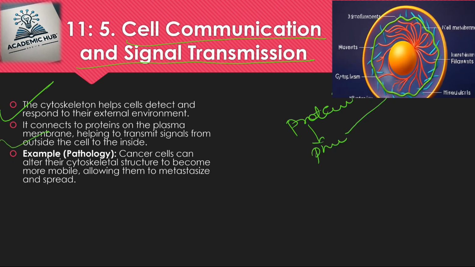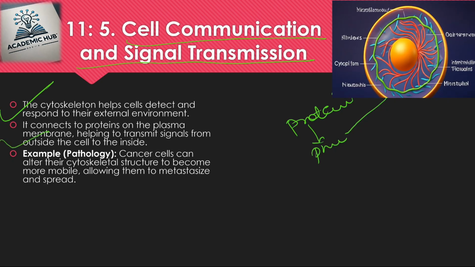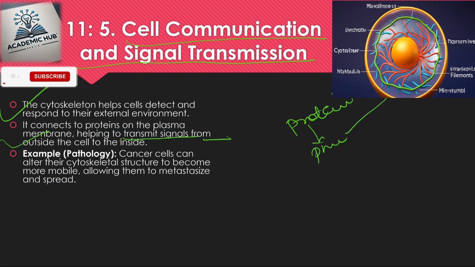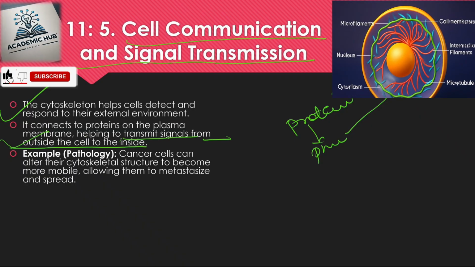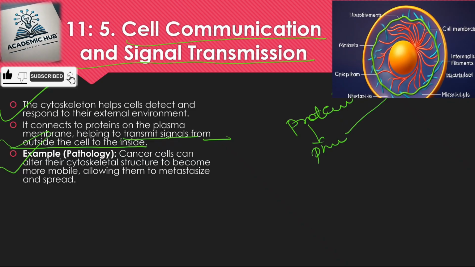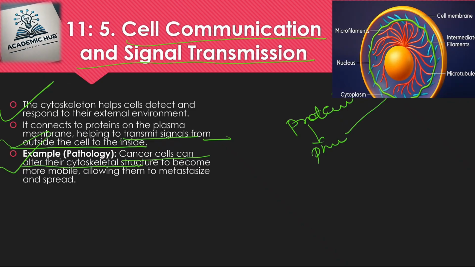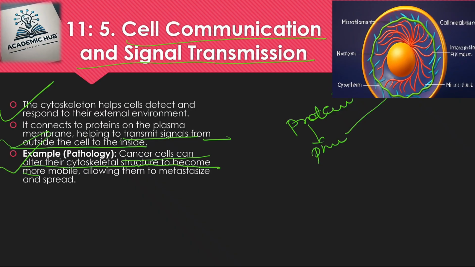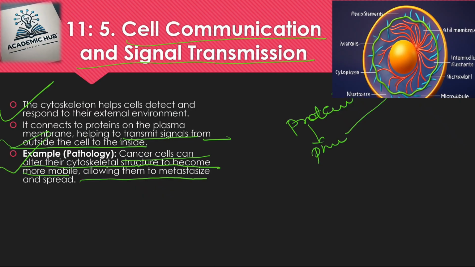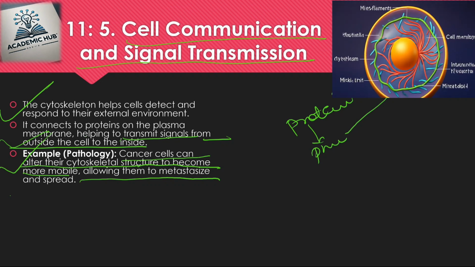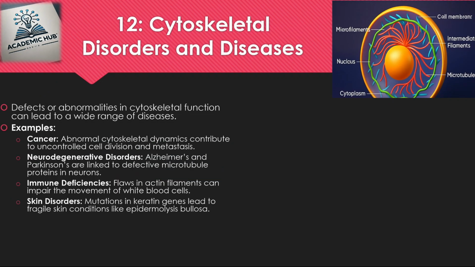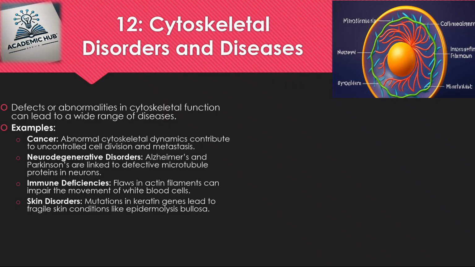It connects to proteins on the plasma membrane, helping to transmit signals from outside the cell to the inside. Now take an example from pathology. Cancer cells can alter their cytoskeletal structure to become more mobile, allowing them to metastasize and spread to other parts of the body.